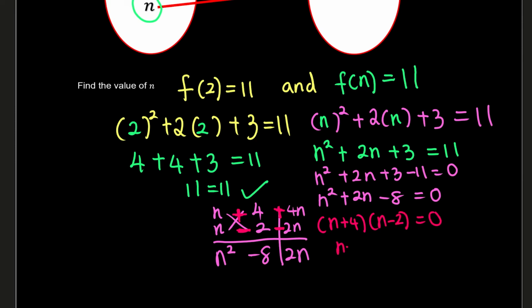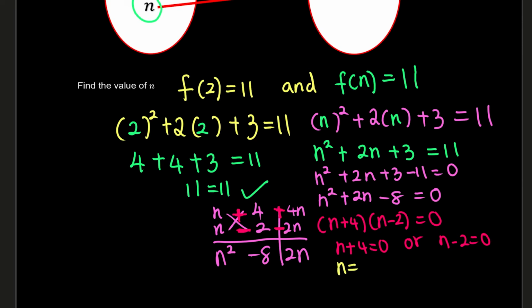So the roots are n plus 4 equals 0 or n minus 2 equals 0. Why did this happen? Because we know that if either one of the brackets equals 0, times somebody else will equal 0. So either this one is 0 or this one is 0 or both of them are 0, you will get the answer 0.